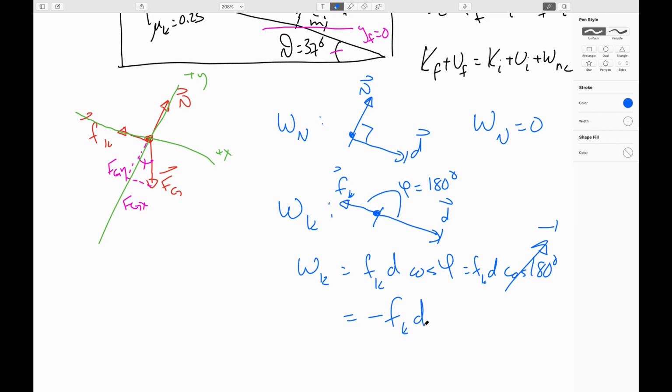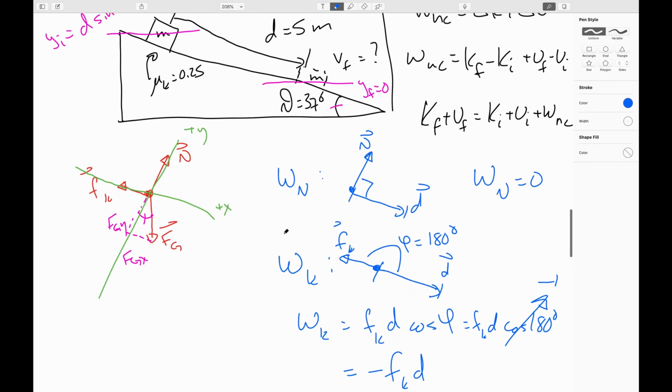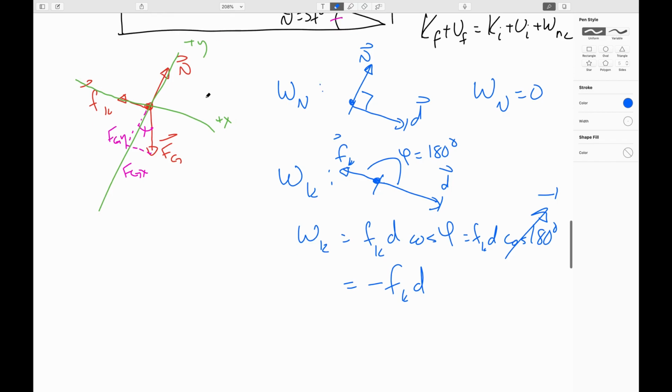All right, but looking ahead, we have to more sensibly express the force of kinetic friction. We were given a coefficient of kinetic friction, so we know that this is going to be equal to minus mu k times the normal force.